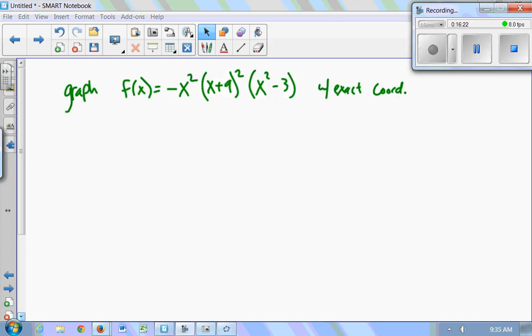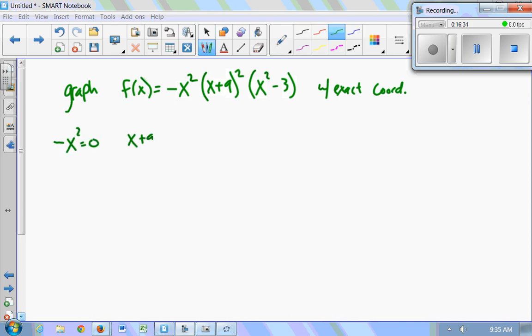So anytime you're trying to graph a polynomial, a good place to start is the zeros. And this thing is already factored. So if I set each factor to 0, then I'll get my zeros, right?